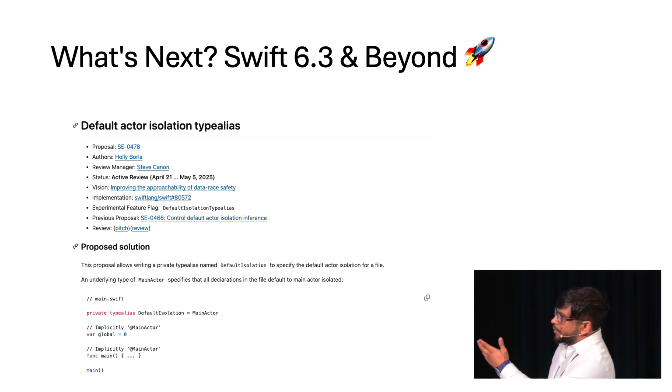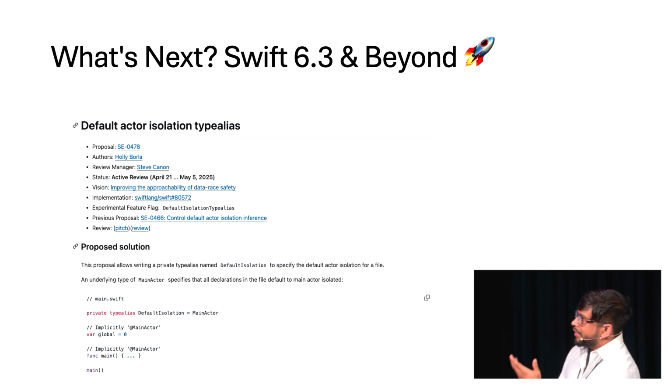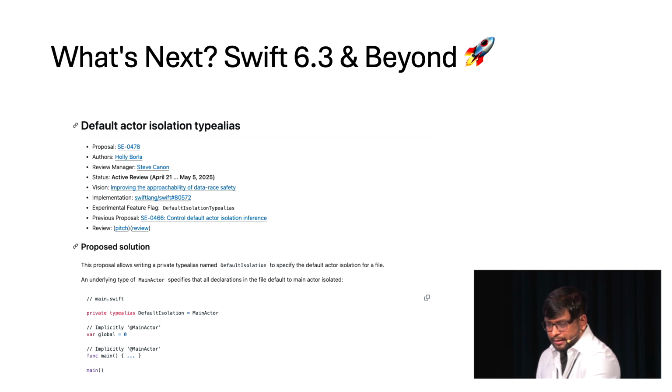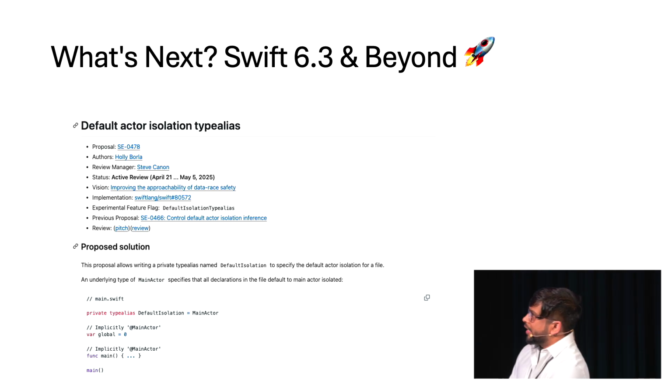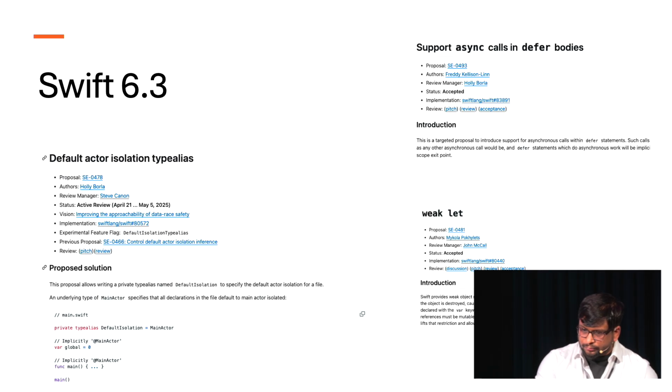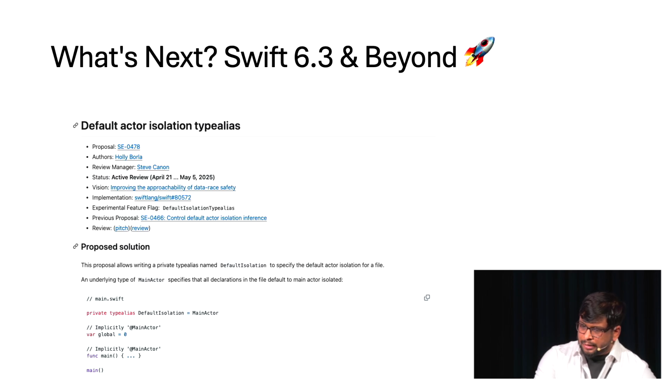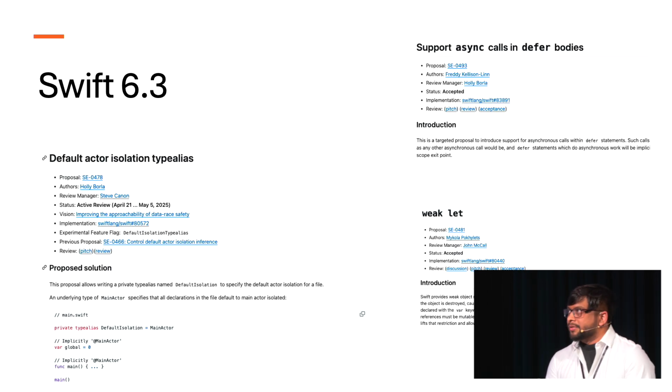Now we can enable the default isolation in the file also. And you can experiment with the experimental feature flag, default isolation type alias. The approachable journey continues. Let's stay tuned.